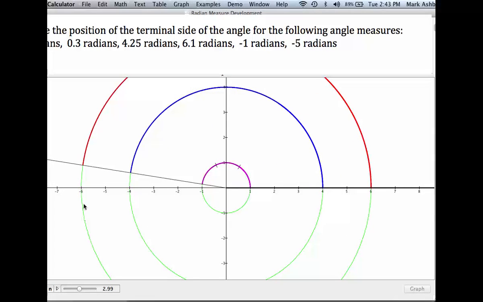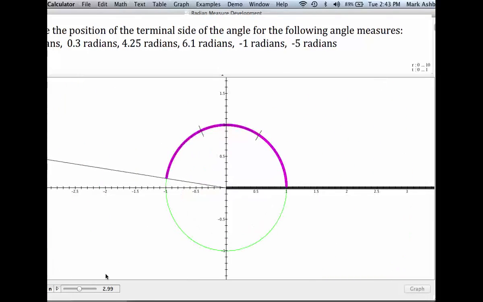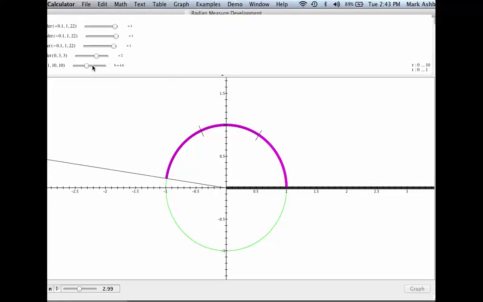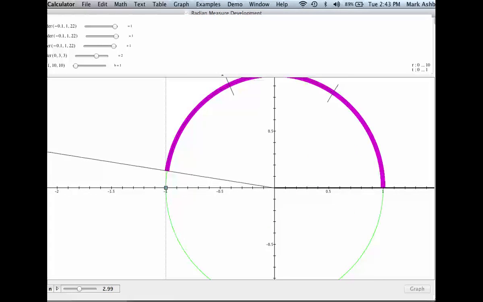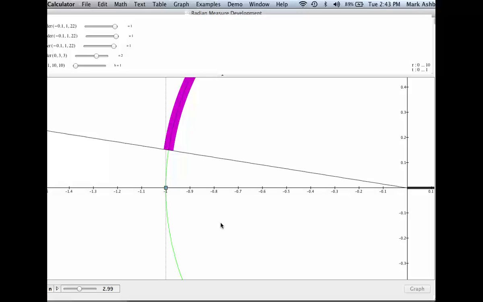So let's just zoom in here. Let's do something else. Okay, so how about this? So this is 3 radius lengths to get this far around the circle. So how many radius lengths to get exactly halfway around?